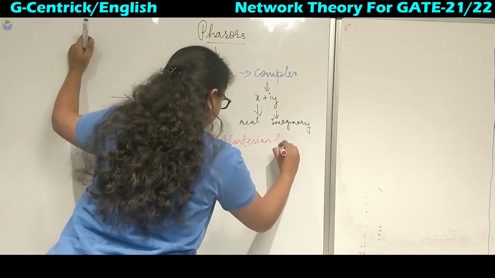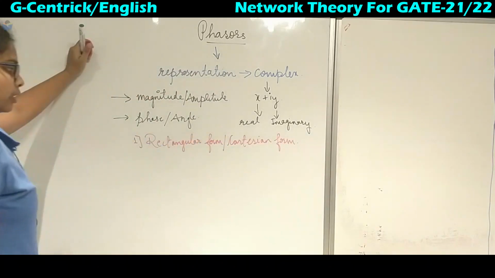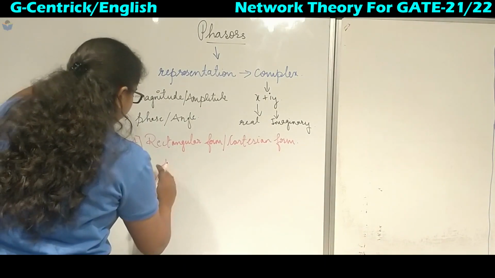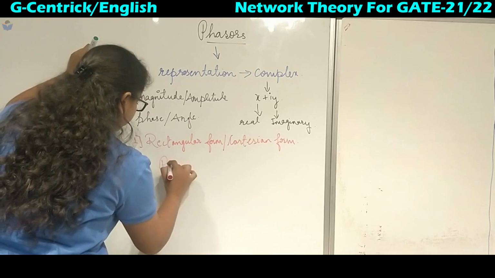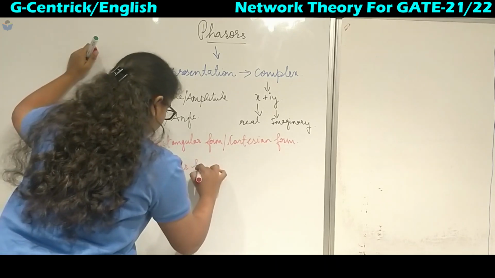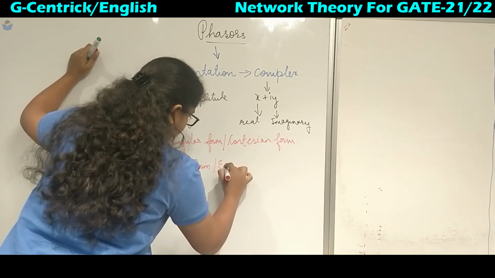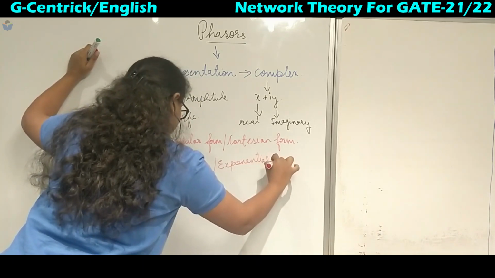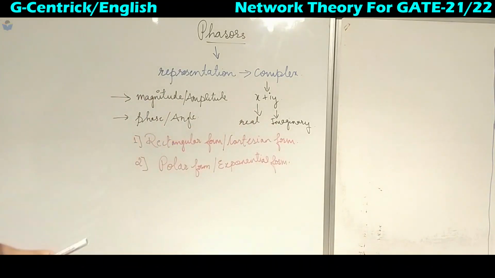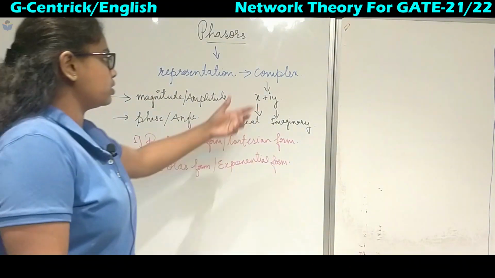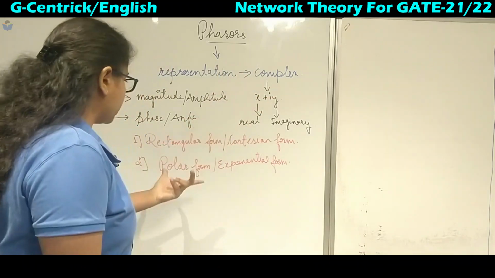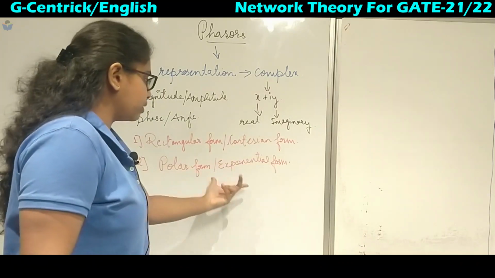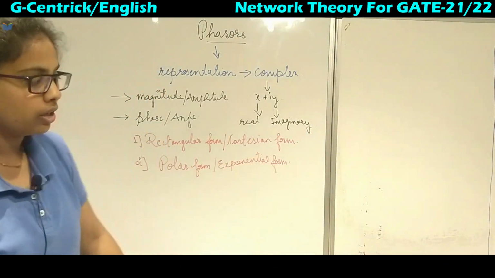The second type is the polar form, or we can also call it the exponential form. So these are the two types of representation of phasors: either rectangular, or Cartesian form, or the polar form, or exponential form.